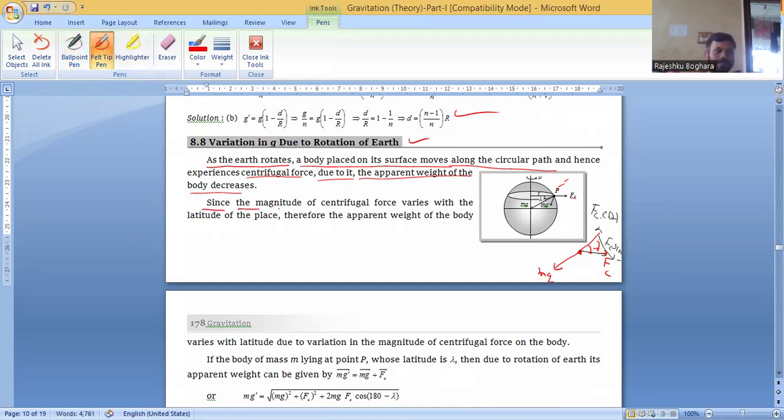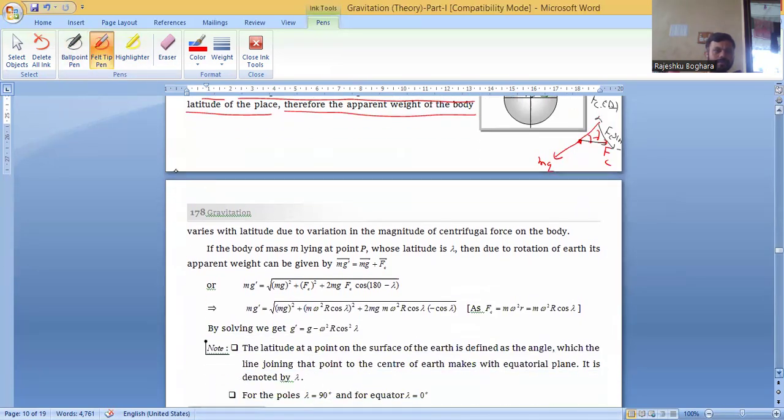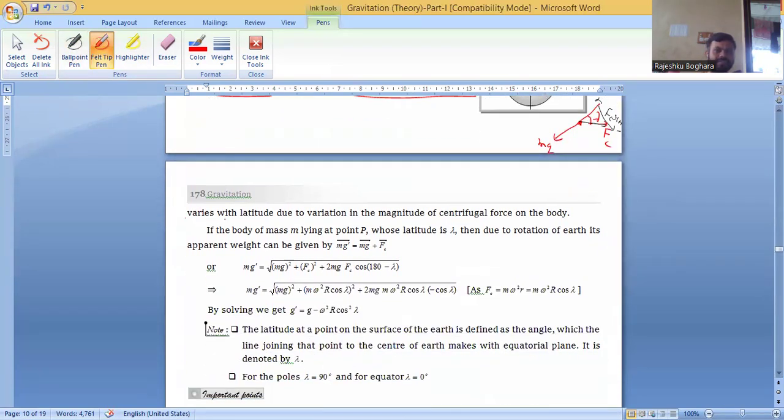Since the magnitude of centrifugal force varies with the latitude of the place, the apparent weight of the body varies with latitude due to the variation in the magnitude of centrifugal force on the body. When lambda changes, Fc changes; lambda means latitude.